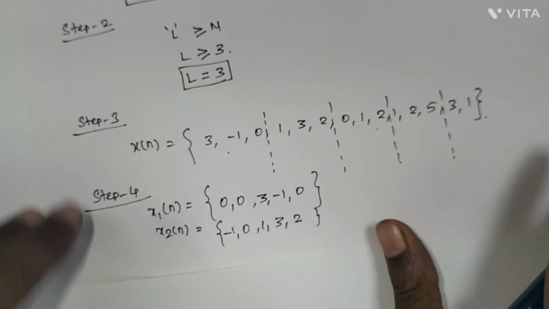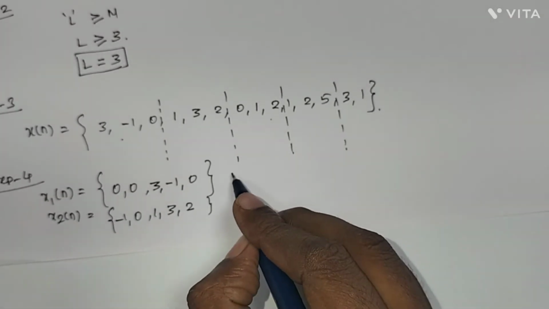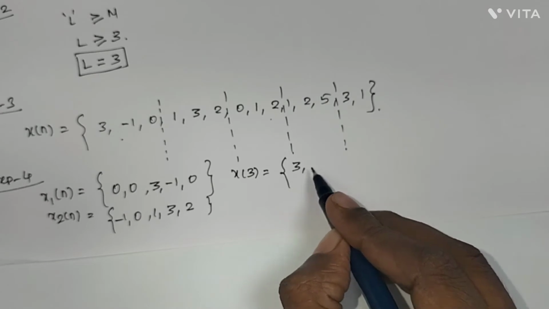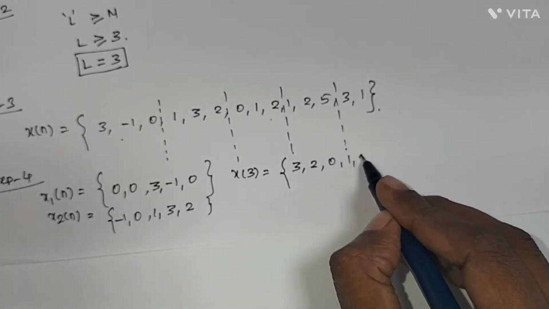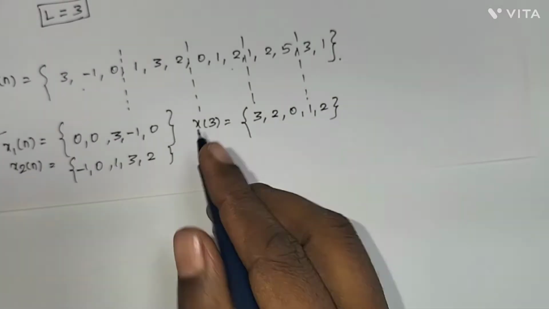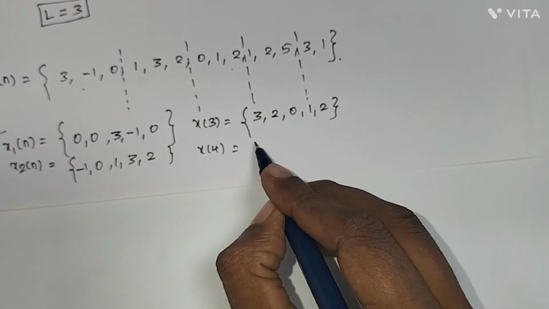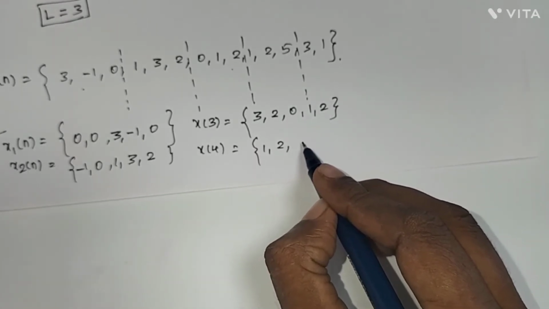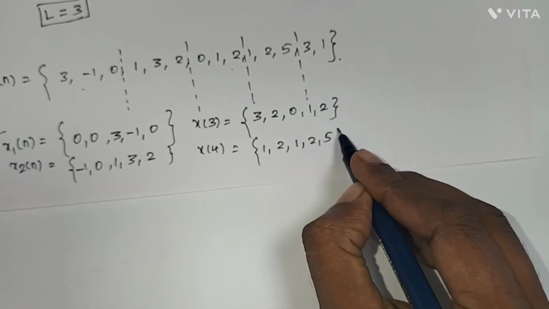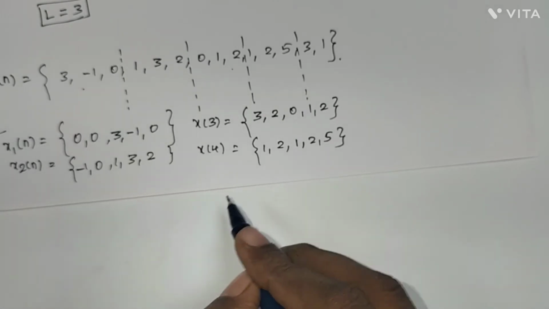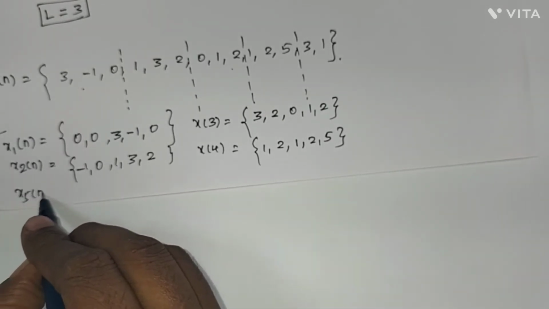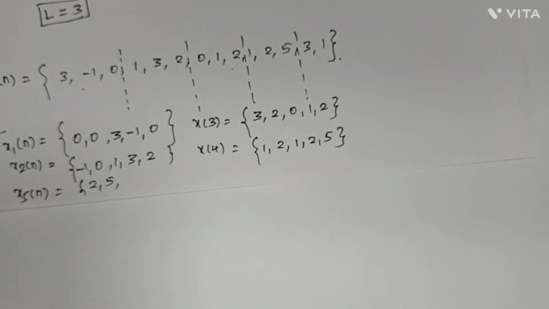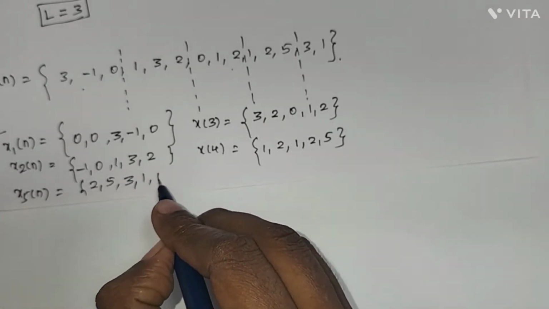So this is for x2, and then x3 is equal to the previous terms 3 comma 2, then 0 comma 1 comma 2, and then x4 is equal to the previous two terms 1 comma 2, then 1 comma 2 comma 5, and then x5 of n is equal to the previous terms 2 and 5, and then 3 comma 1 comma 0.